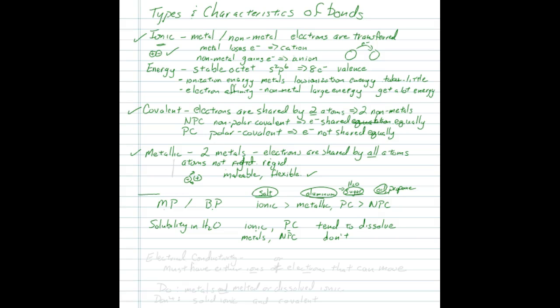And the last property we're going to talk about is electricity, or electrical conductivity. In order for electricity to conduct, you must have either ions or electrons that can move.